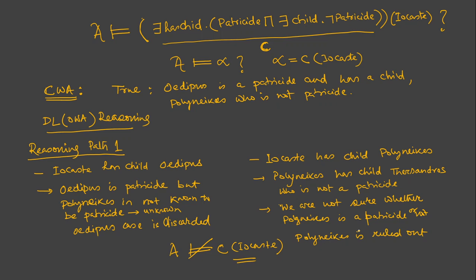And here also, for Polynicus, we are not really sure whether he is patricide or not, so we have another unknown state. So the fact that we are deriving that Iocasta is not a member of this particular class is vague. We cannot really say for sure that this is false. So let us look at another path of reasoning. We are looking at reasoning path 2.